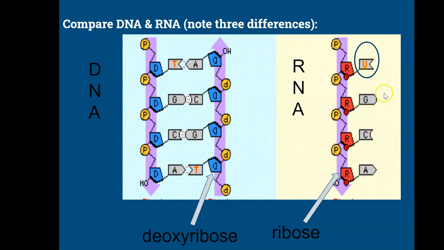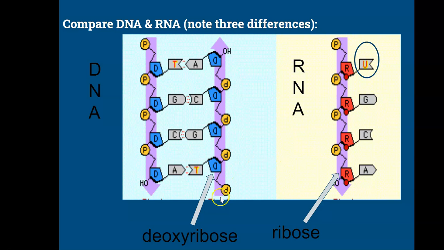In RNA, we have 4 bases also, but I've circled this one here and it's in red. So we have A, we have C, we have G, and we don't have T. Instead, there's the base called uracil, which is what the U stands for.